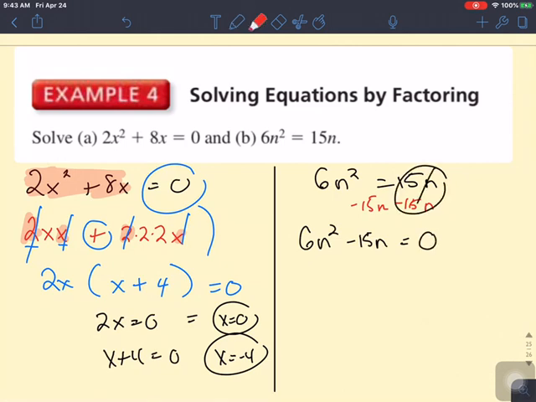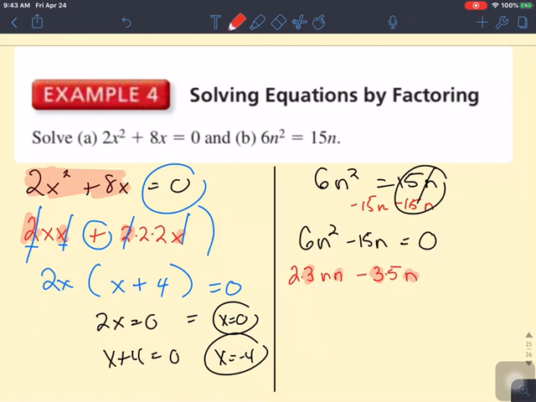And then we're going to break them down into their parts. So 6 is the product of 2 times 3, times n times n, minus, and 15 is the product of 3 times 5 and 1n. And so we are going to highlight what we have in common.